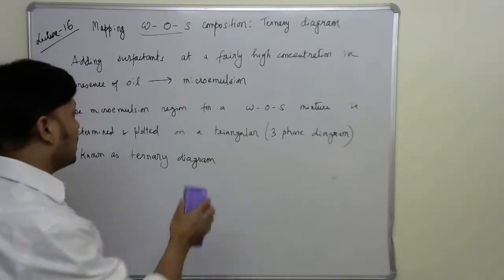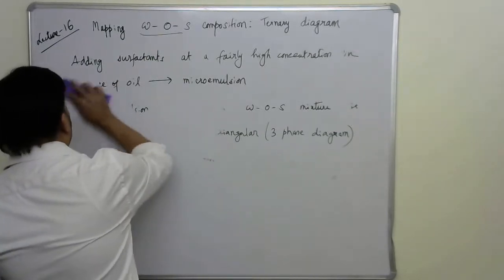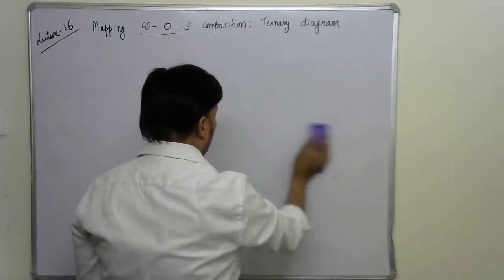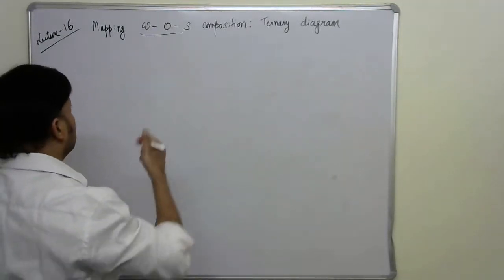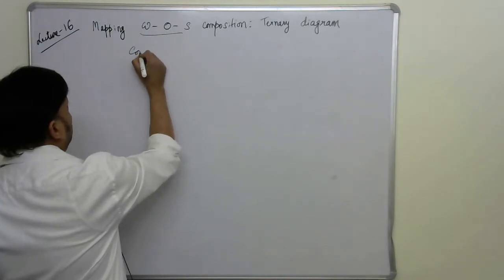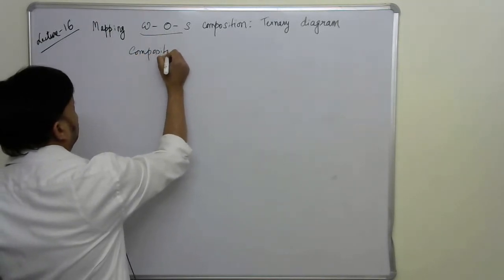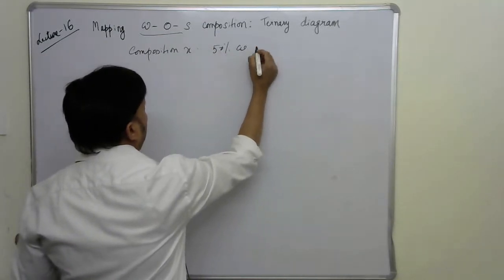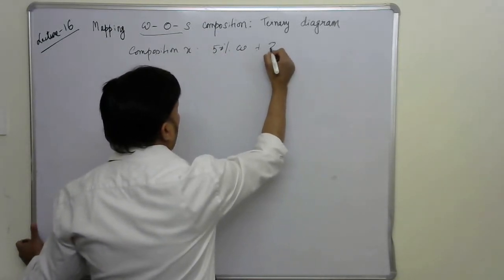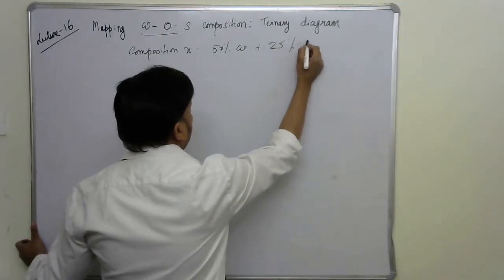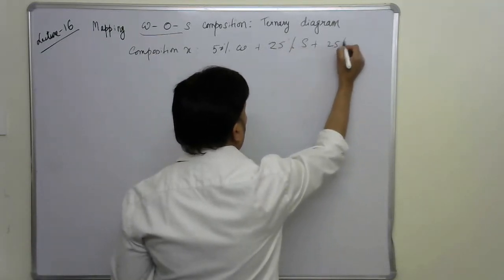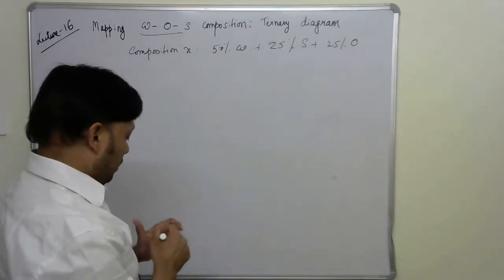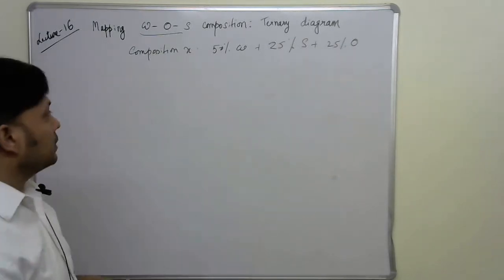So let's take an example and try to plot a composition X, which says that 50% water, 25% surfactant and 25% oil. All right. So here, how to represent this?